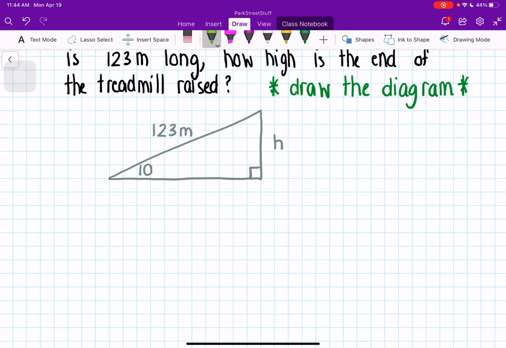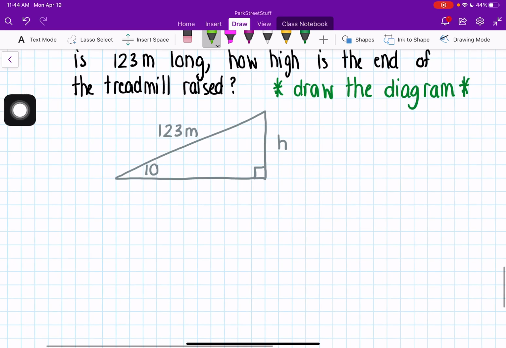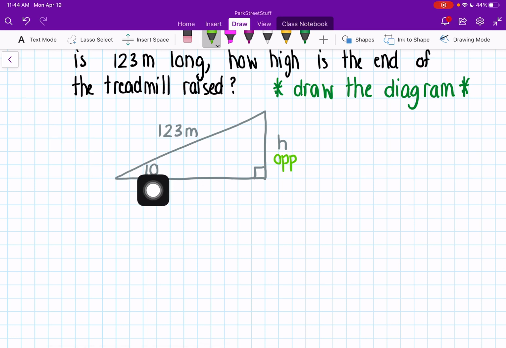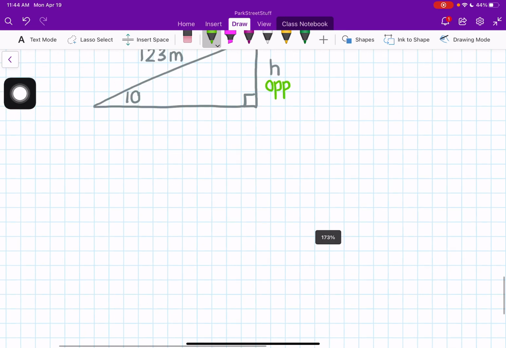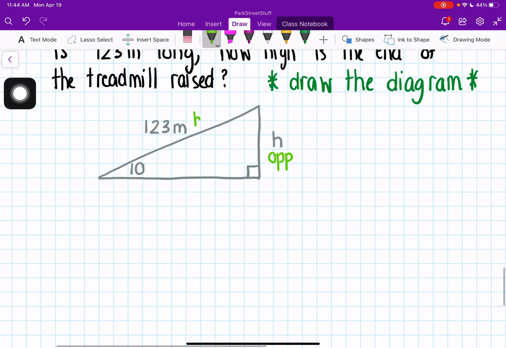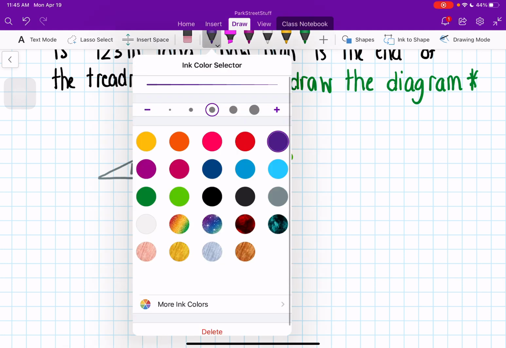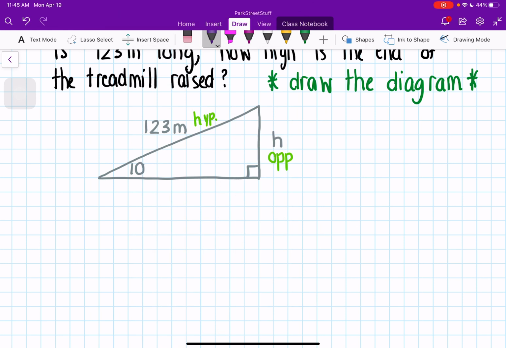I'm looking for height. So with respect to my angle, this is the opposite, right? And with respect to the triangle itself, this 123 meters, this is the hypotenuse. So which trig ratio uses opposite and hypotenuse? We're back at sine.